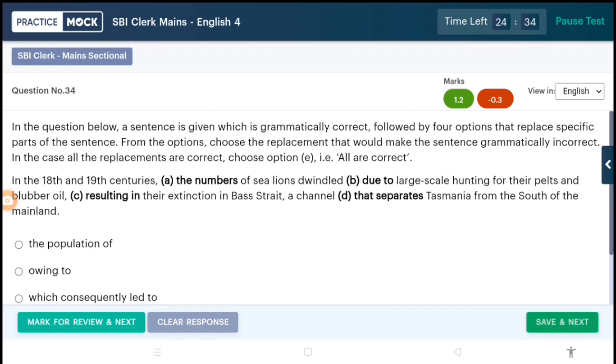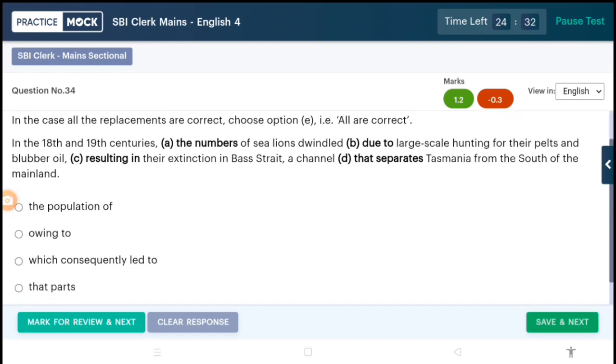Next, in the 18th and the 19th century, resulting in the 18th and 19th centuries, the number of sea lions dwindled.